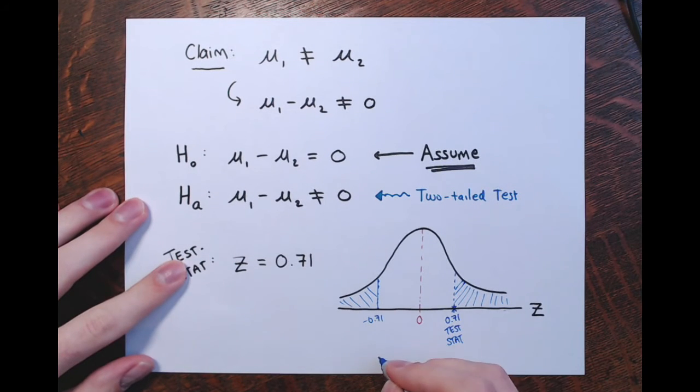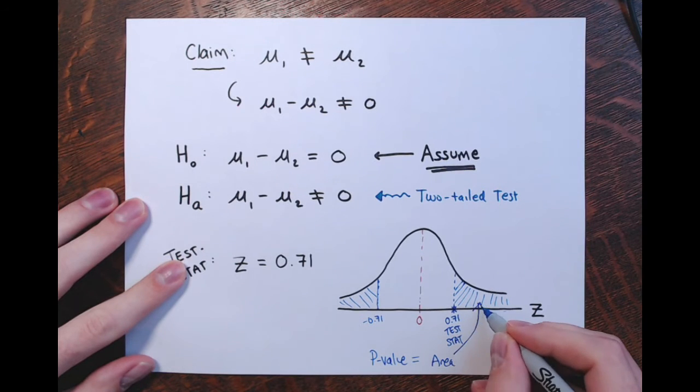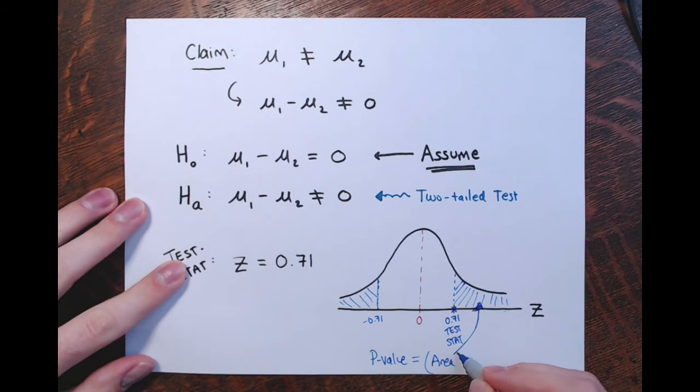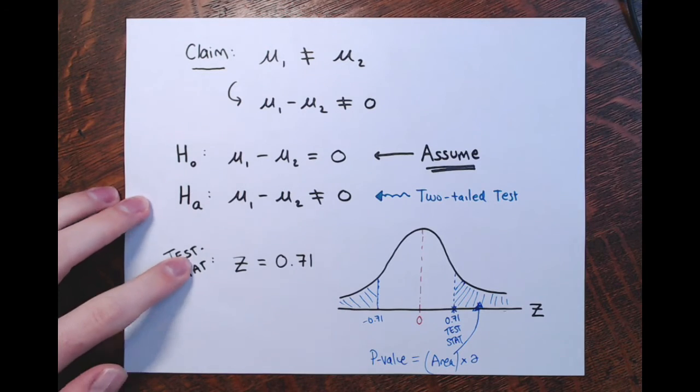But either way, the p-value in a two-tailed test is this area to the right of my test statistic, because it's right of center, times 2. Or the area to the right of positive 0.71 plus the area to the left of negative 0.71.